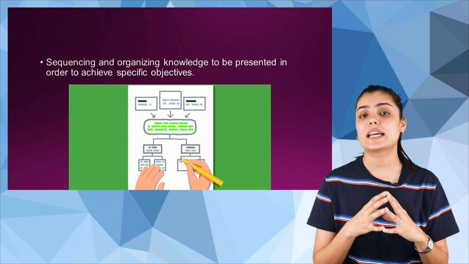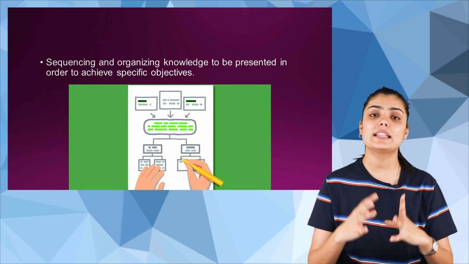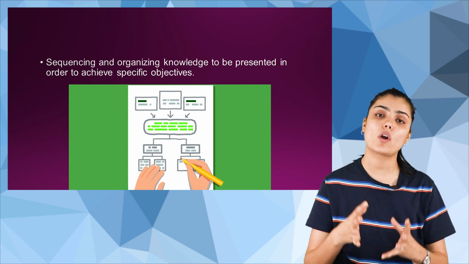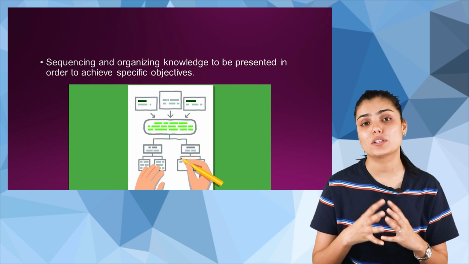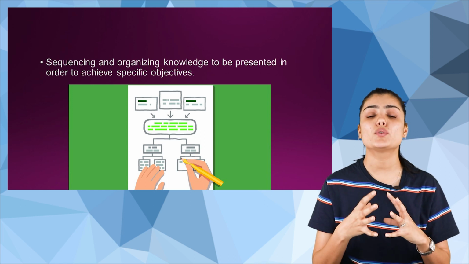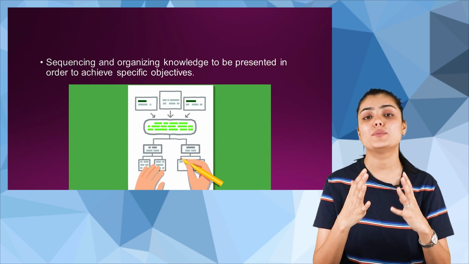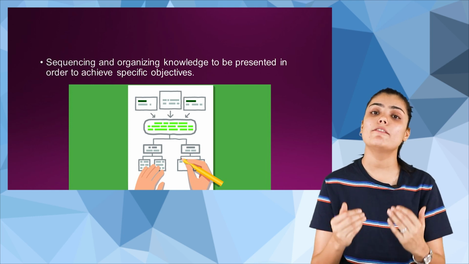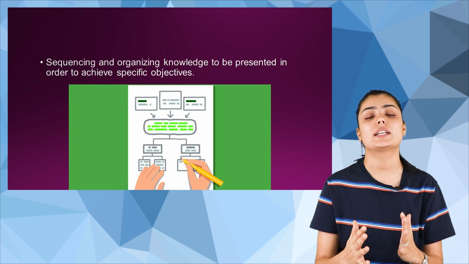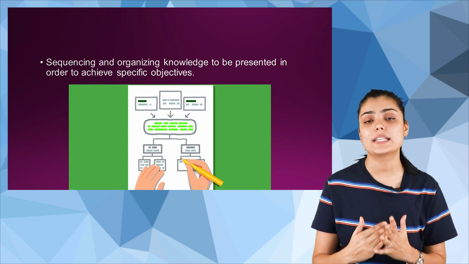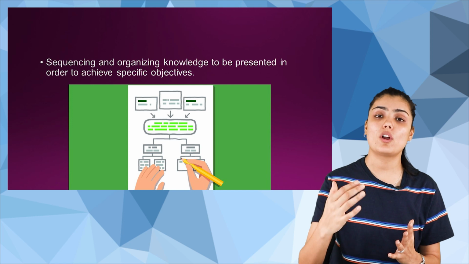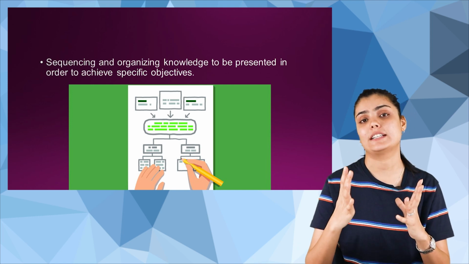In the first phase, that is pre-instructional skills, we've seen that objectives are written down, according to the topic, the size of the class, the duration, and your concept. Once the objectives are written down, in the second phase, we have to sequence the content in an orderly fashion so that we can provide the knowledge in an efficient and effective manner.